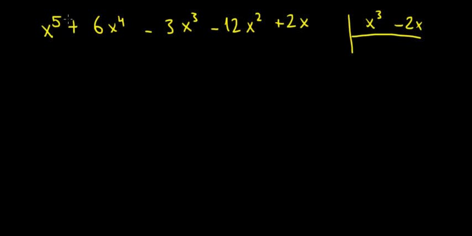So how do we start? Well, we divide the first term into the first term over here. x to the power of 5 divided by x cubed, that's equal to x squared.